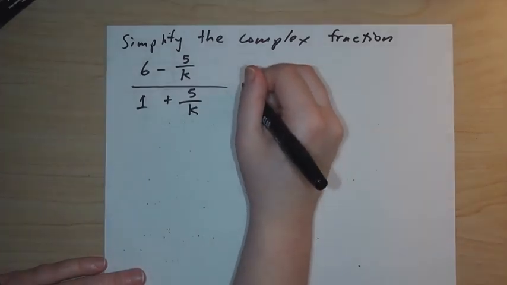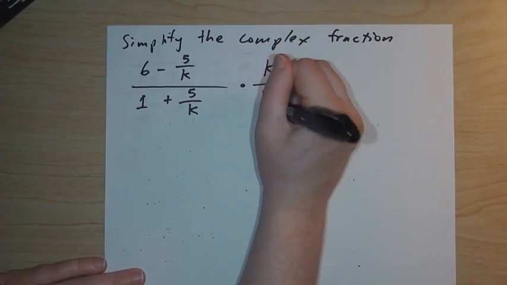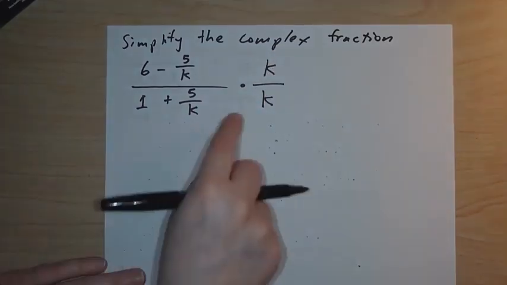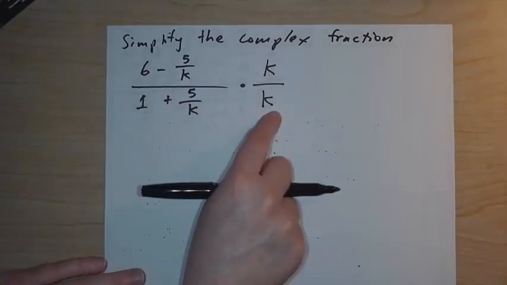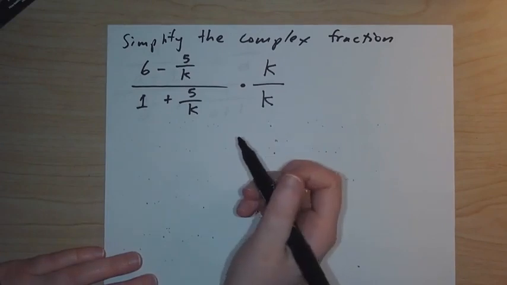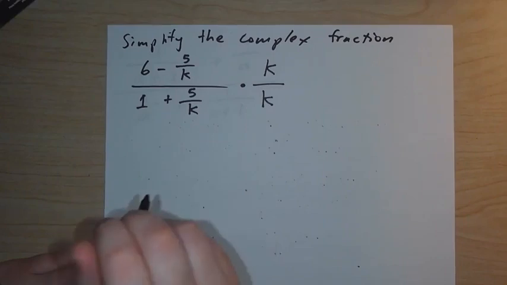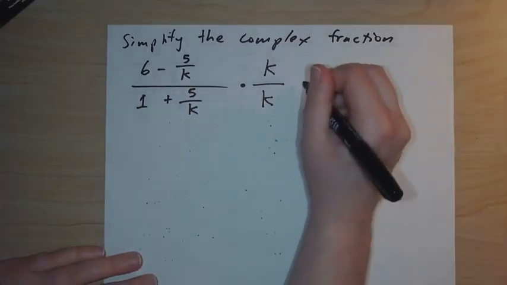So we're going to multiply the entire fraction by k over k. That's the only thing in the denominator, so we're just going to multiply by k over k. This won't change the value of this fraction, because k over k is 1, but it will simplify it and make it look better, essentially. But we do have to remember that k cannot be 0, even after we simplify.